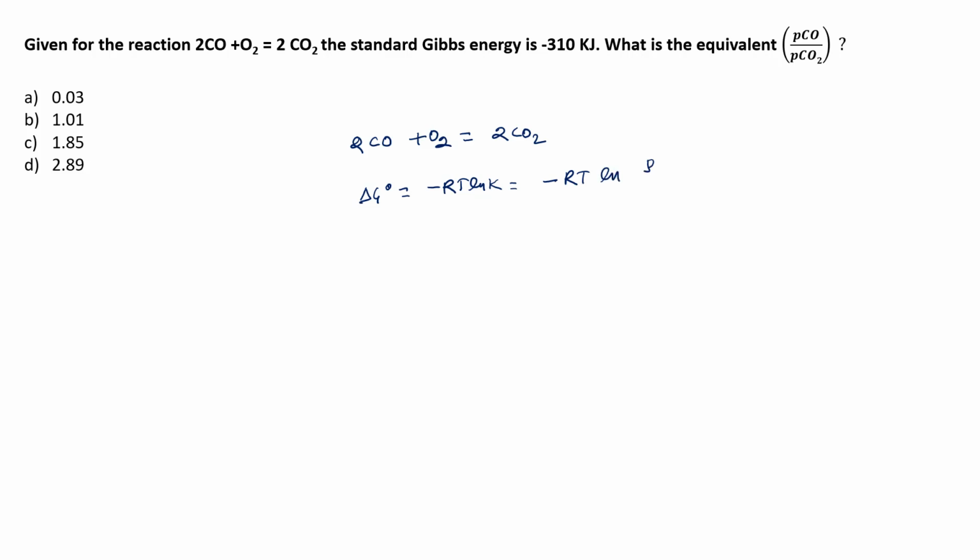K will be partial pressure of CO2 whole square, divided by partial pressure of CO whole square times partial pressure of O2.